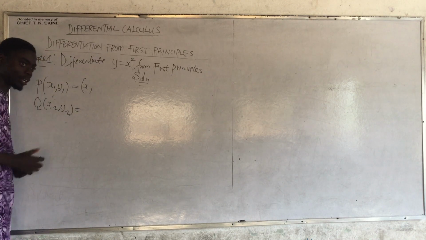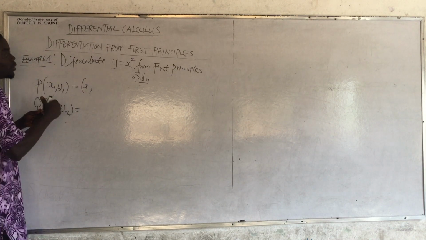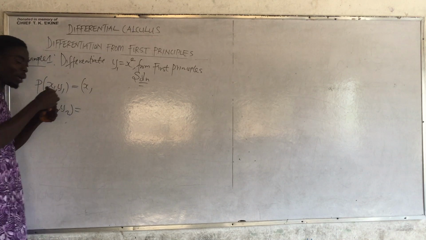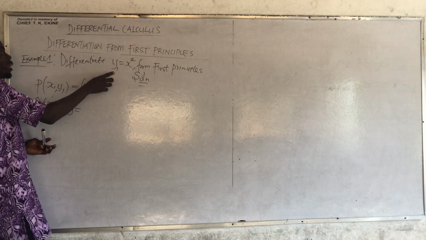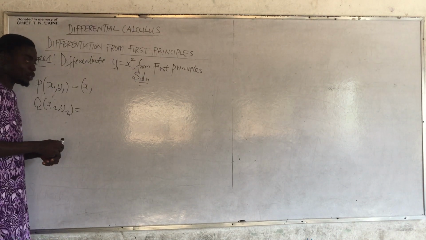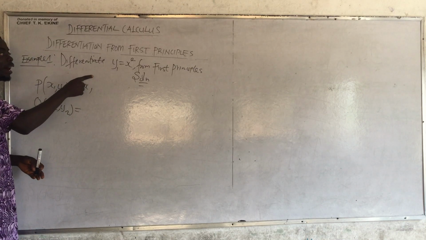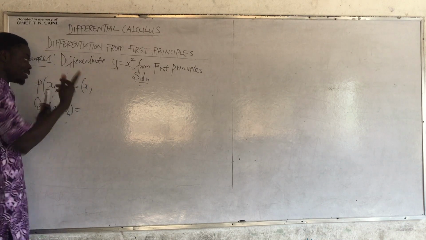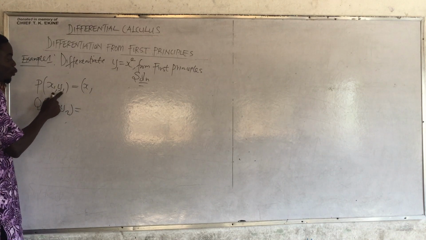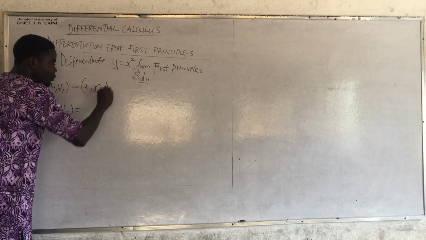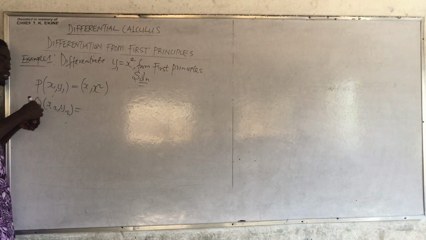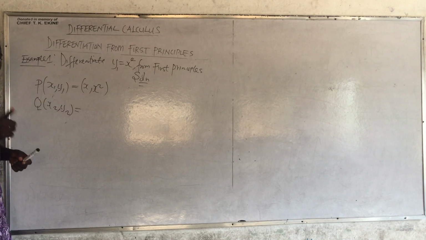What then is y1? Look from here: y1 is equal to x squared. So whenever I see y1, put x squared. That is the meaning of this. So in place of y1, you have x squared. This coordinate is pertaining to point P.